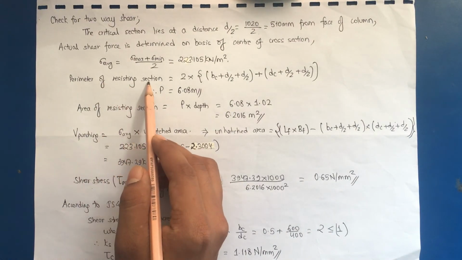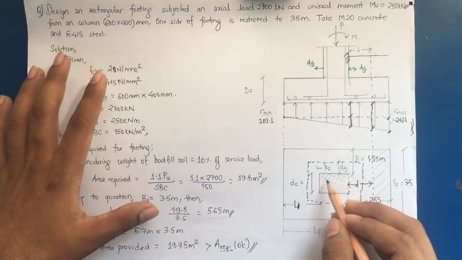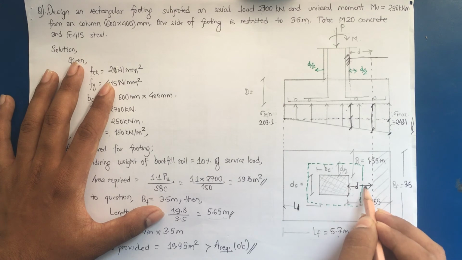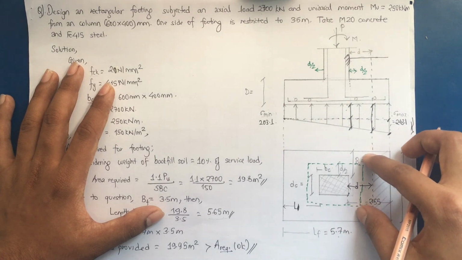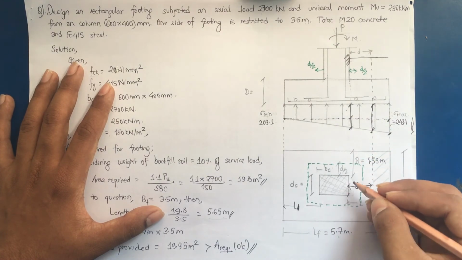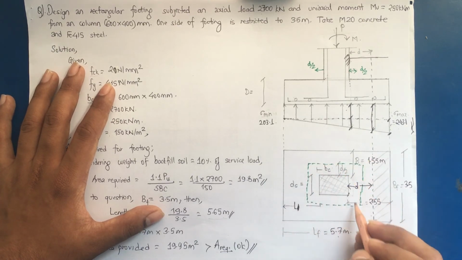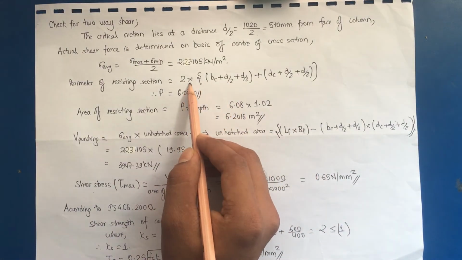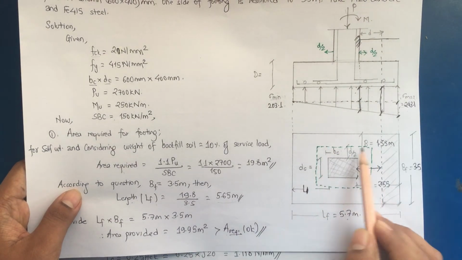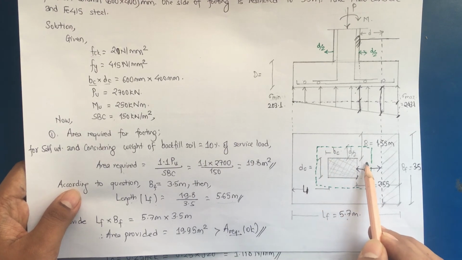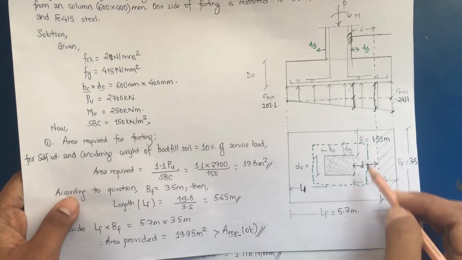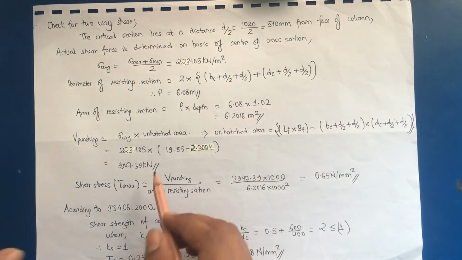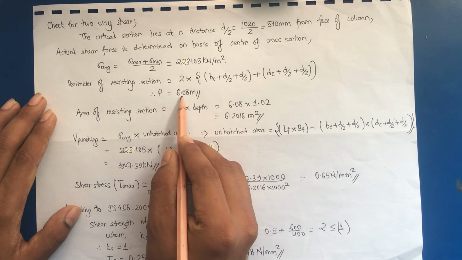And the perimeter of the resisting section is nothing but d by 2 plus BC plus d by 2, and the width of this section is d by 2 plus DC plus d by 2, and considering this as a rectangle, the perimeter can be computed as 2 into L plus B. So 2 into this length, which is d by 2 plus BC plus d by 2, plus the width of the rectangle d by 2 plus DC plus d by 2. So this comes as P is equal to 6.08 meters.